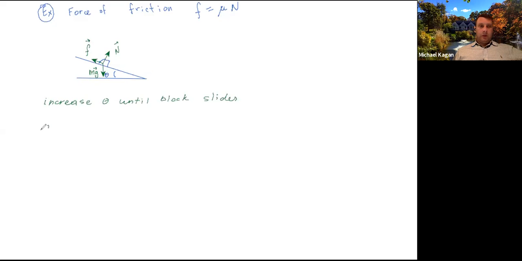Okay. So given whatever you need, mg, theta, actually, let's put it the other way around. So yeah, given theta, we want to find the coefficient of friction. Again, you know the answer, but let me just illustrate how it comes up, just to make sure we're on the same page.